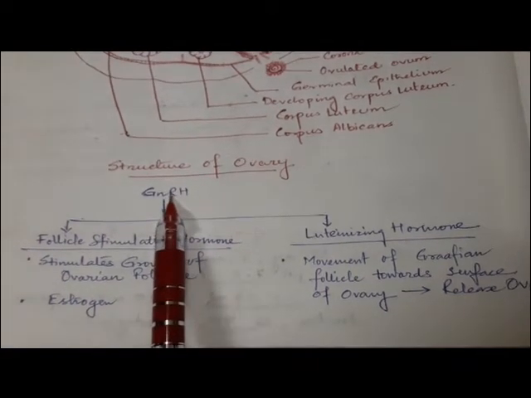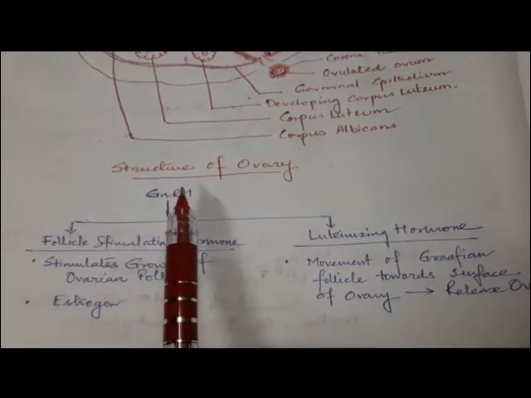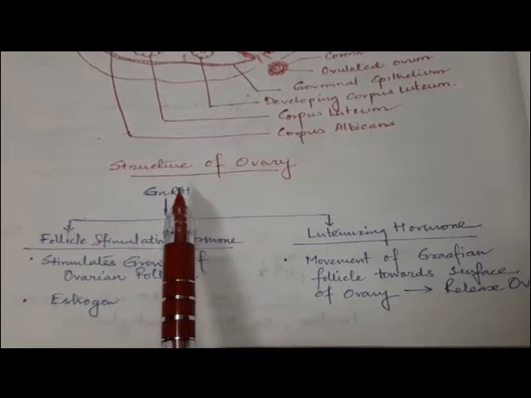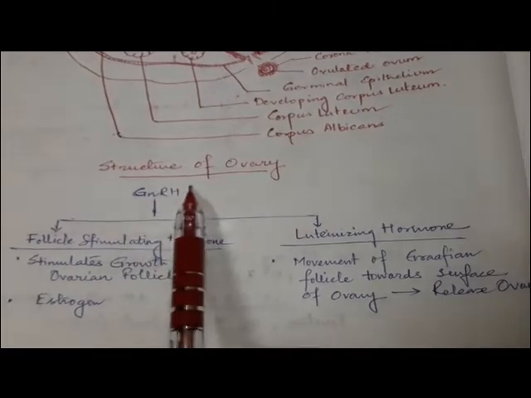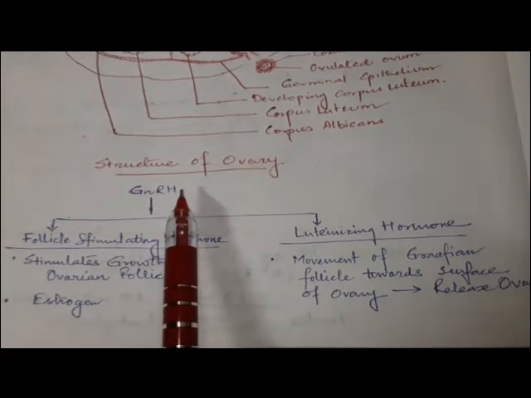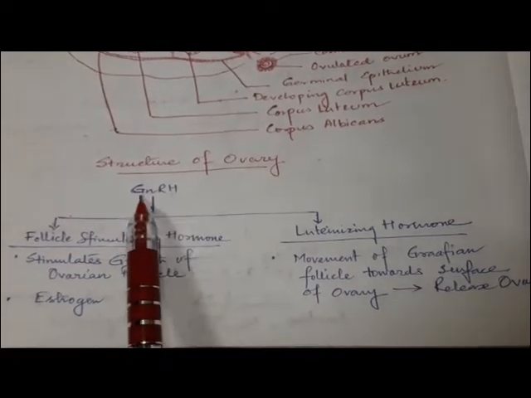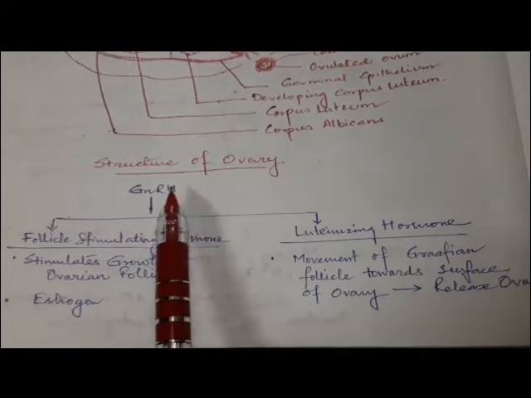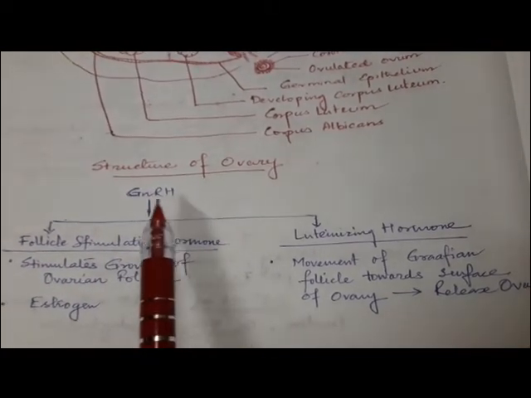As it gets released, it activates the adenohypophysis, and this activation is because of the reduction, or the decrease, in the amount of progesterone and estrogen. That is why gonadotropin releasing hormone gets released from the hypothalamus. It activates the adenohypophysis, and it undergoes secretion of follicle stimulating hormone and luteinizing hormone.